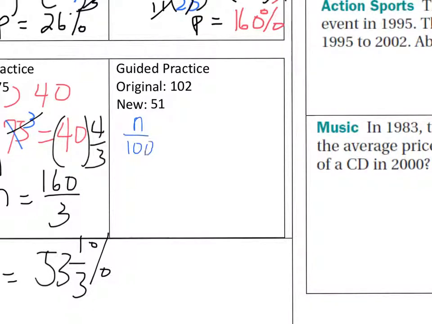And for this problem, we do the same thing. Set n over 100, multiply by the original amount of 102, which equals 51, because the amount of decrease is 102 subtract 51, which is still 51. And then we can simplify 102 over 100. So 51 over 50. And then we can multiply by the reciprocal of 51 over 50, which is 50 over 51.